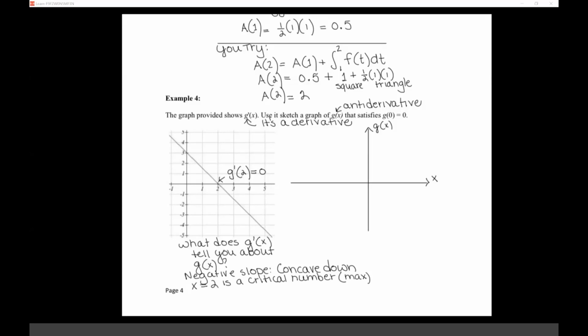The other thing you can tell is, see the sign of the derivative up here? g prime of x is positive. Okay. Down here, g prime of x is negative. That tells you that g is increasing from negative infinity to 2.